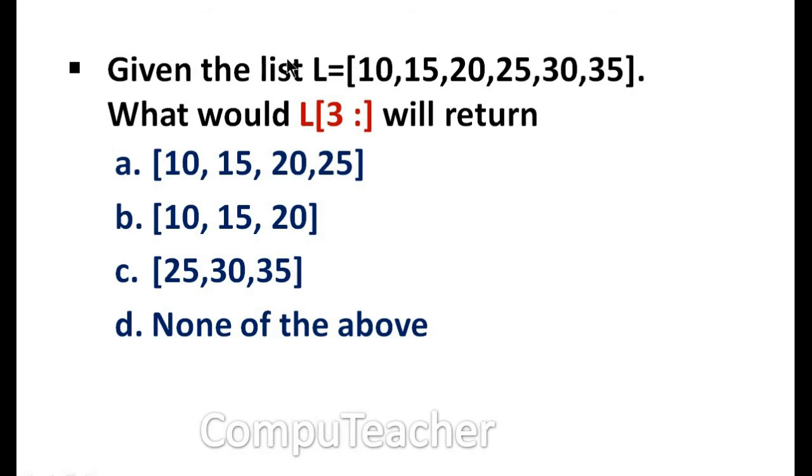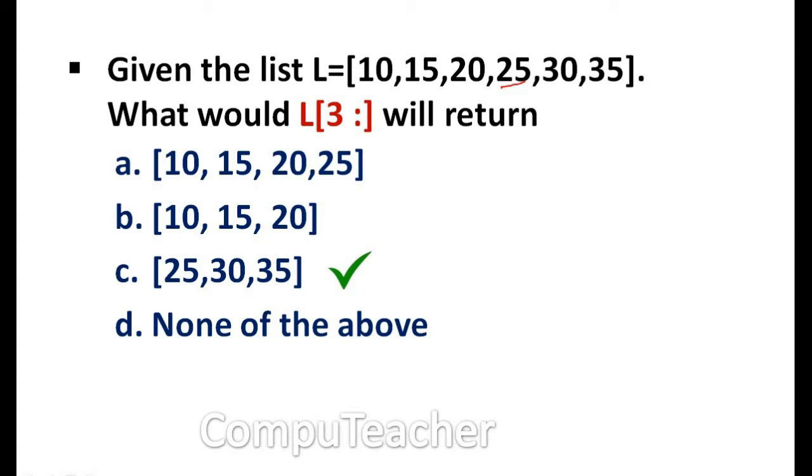Next one, given the list L = [10, 15, 20, 25, 30, 35]. What would L[3:] return? See here only the start value, no stop value is given. See the output, it is 25, 30, 35. Start value is 3: 0, 1, 2, 3.